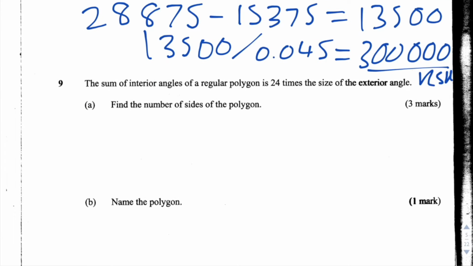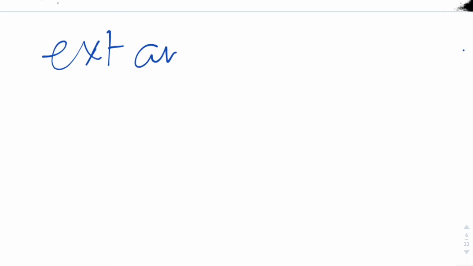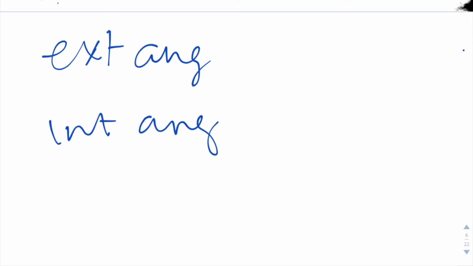Question number 9 says, the sum of interior angles of a regular polygon is 24 times the size of the exterior angle. Find the number of sides of the polygon. Okay, so to answer this question, we need to recall the formula that gives us the exterior angle and the interior angle of a polygon.